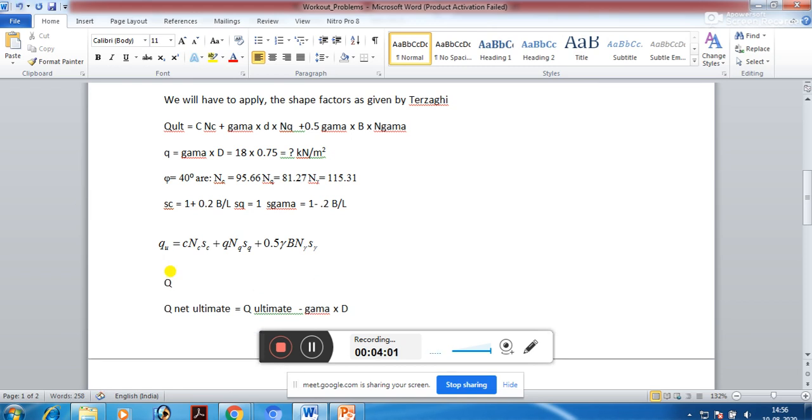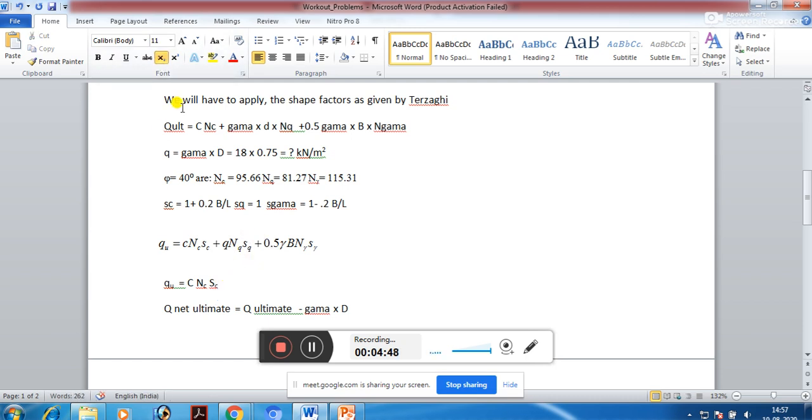What we have said is that Q ultimate, the ultimate bearing capacity, is given by C into NC, and then SC. So you see CNC SC, this factor is there.